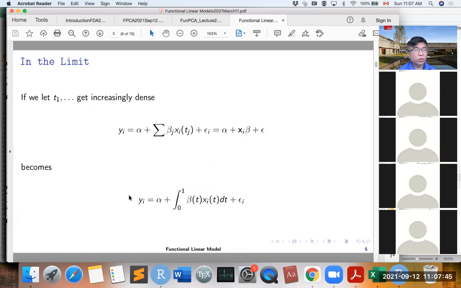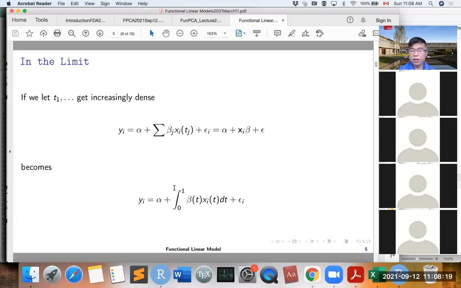Also, in the model we only have two parameters, alpha and beta(t), so it looks like we are not overfitting. And you can see that using the integral handles the functional predictor xi(t) very naturally.